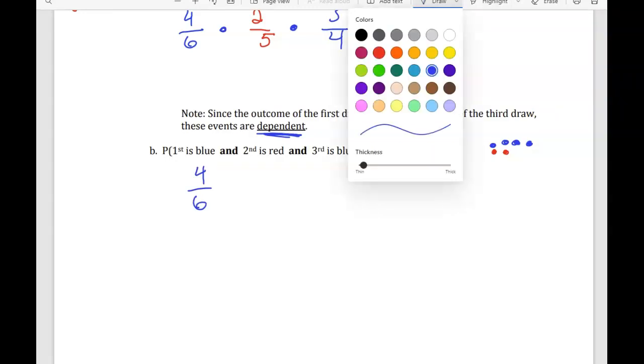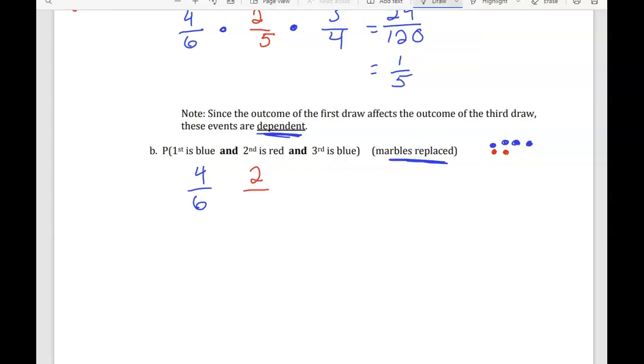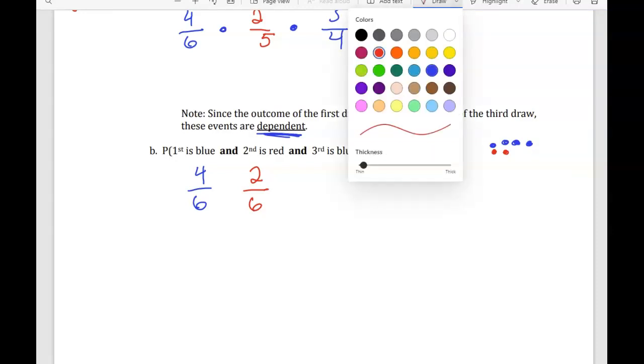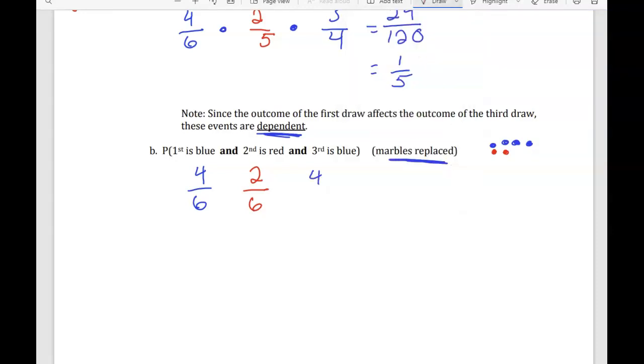My second draw for red is going to be 2 out of 6 because I put that blue one back. And then my third one is also going to be 4 out of 6 because I put the blue and the red one back. Then I multiply those, and I get 32 out of 216, which is going to be 4 out of 27.